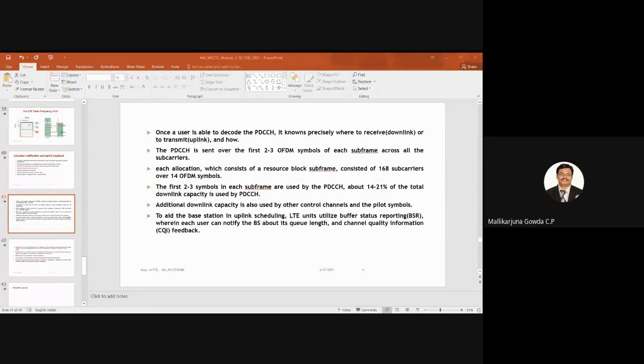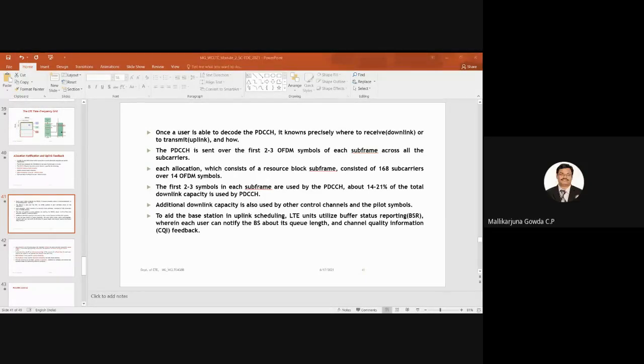Can you repeat, Vishnu? Yes, others, what about others? At least he's responding yes or no. Can you say what I have asked? Sir, you asked what the 2 to 3 OFDM symbols, what information they will carry.